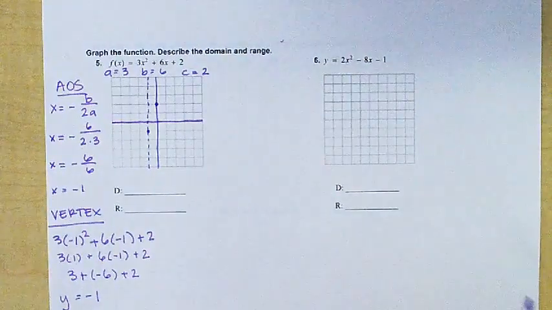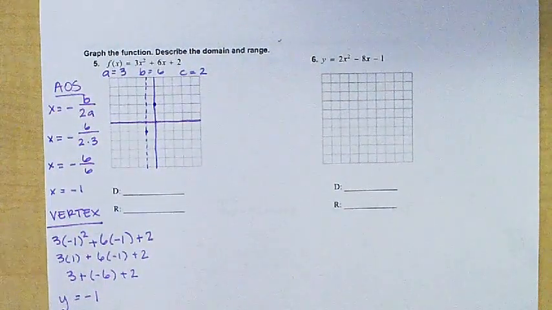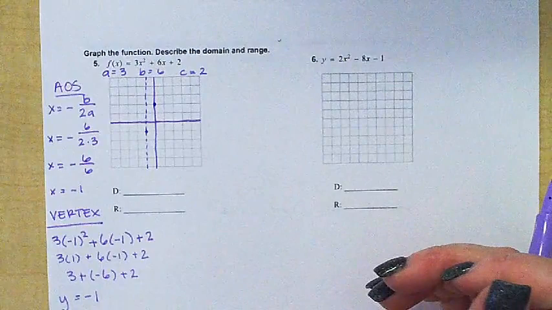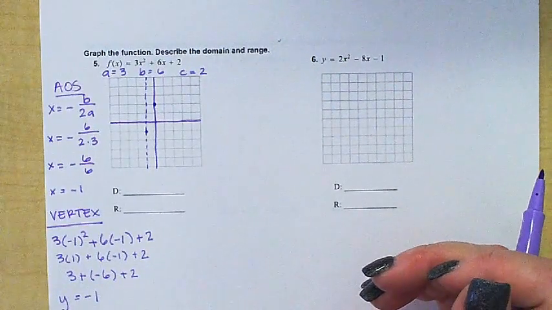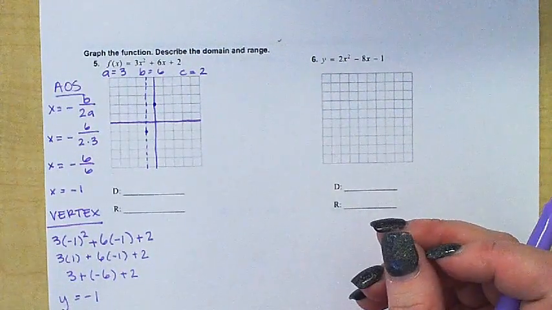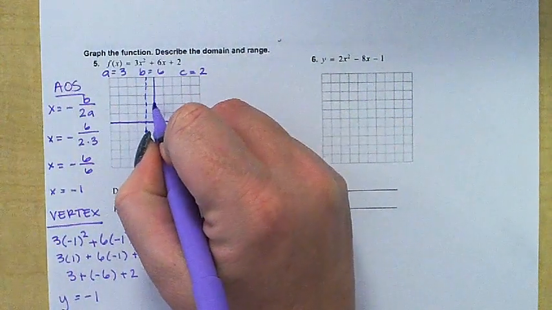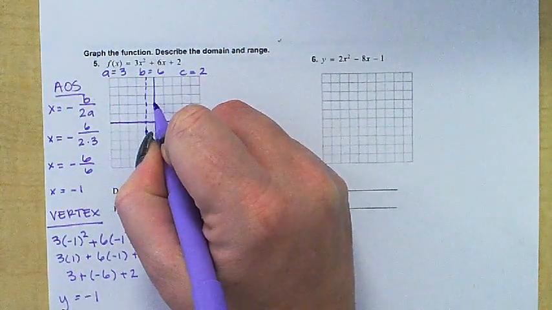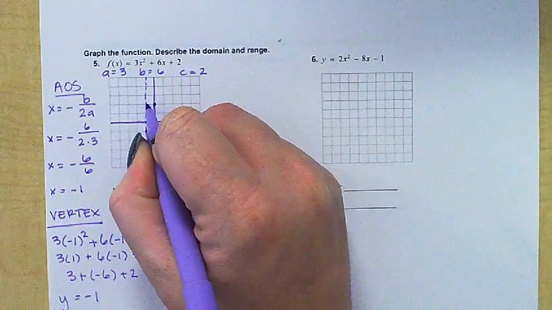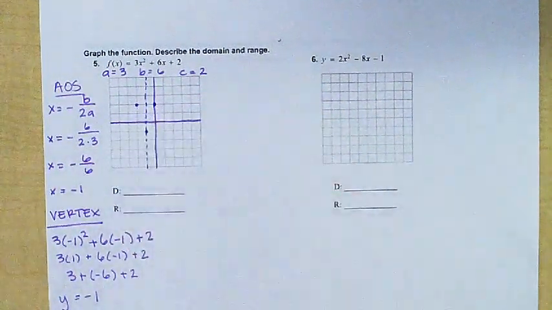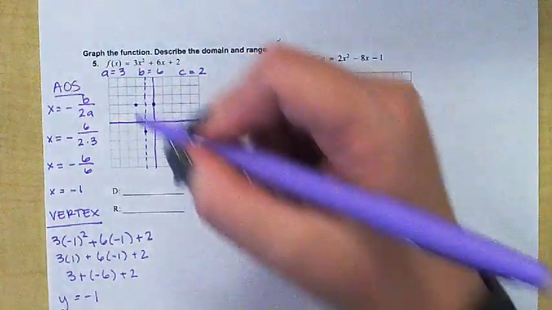Now with a parabola, you always have a reflection around that axis of symmetry. So we know that we can actually plot a third point in this case, because we already have our vertex. So we can see right here that this is reflecting 1 unit away. So we can just bring it right on over and have 1 unit right there.